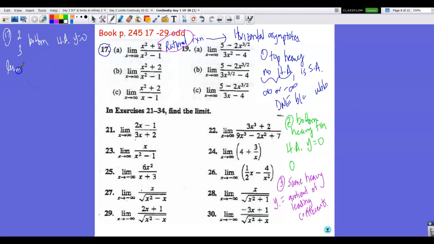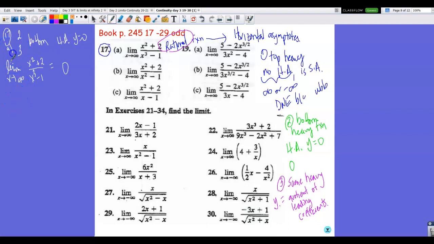Therefore, the limit as x approaches positive infinity, the right end behavior of x squared plus 2 over x cubed minus 1 will approach the horizontal asymptote of 0. So the y value that the function approaches on the right end is 0.